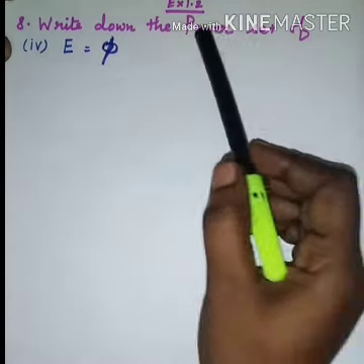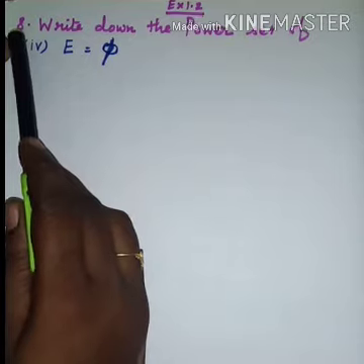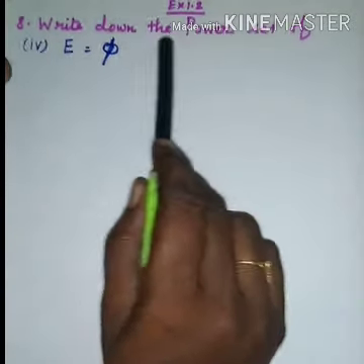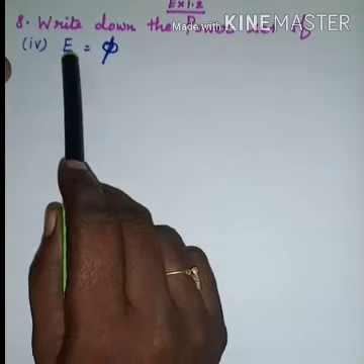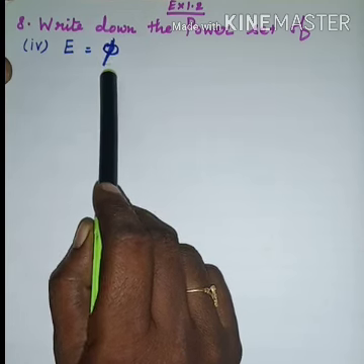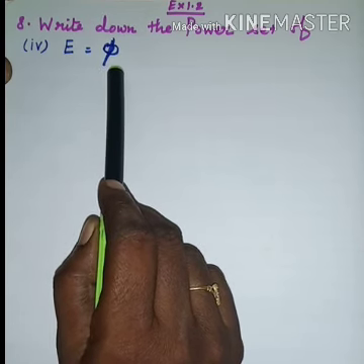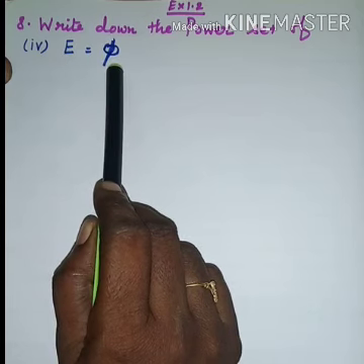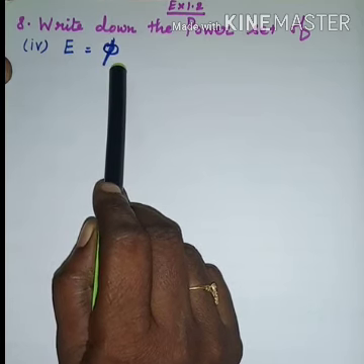Next, exercise 1.2, 8th sum, 4th subdivision. Write down the power set of E is equal to φ. What is φ? I already told you that this symbol is called phi. And what is φ?